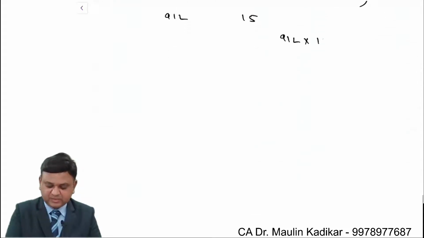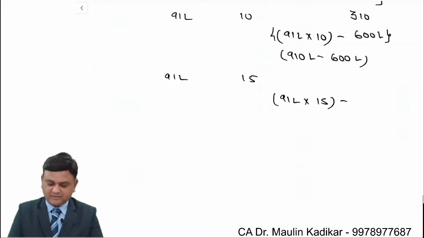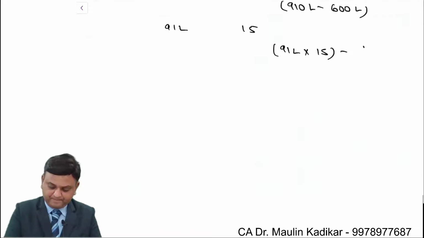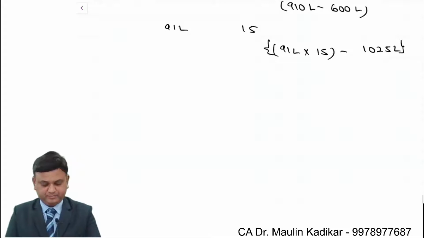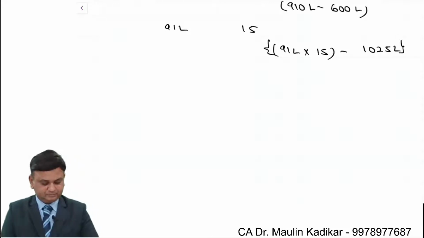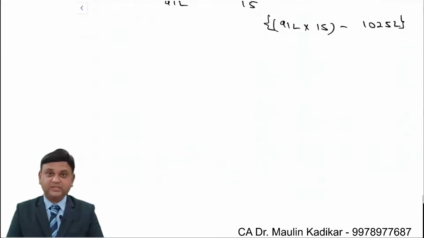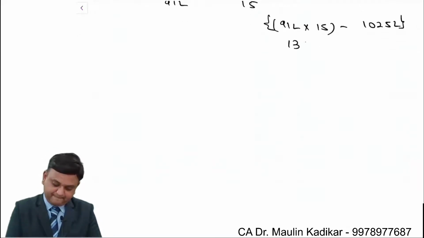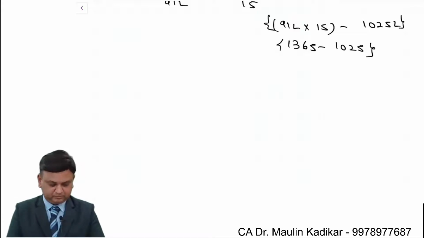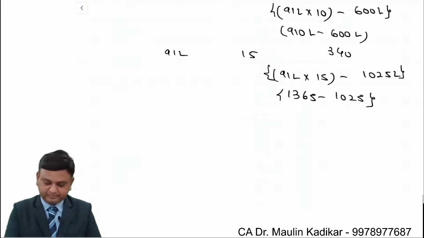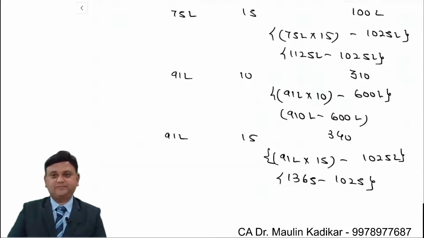So 91 into 15, so 1365 minus 1025. That is 340. Final answer.